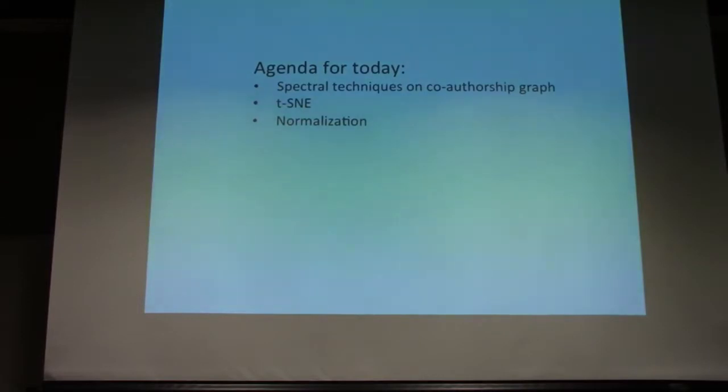So basically, if let's say there are two faculty and they have at least say 5 papers together, then we'll form an edge between those faculty, and we'll assign the weight of that edge as the number of papers that they have together.